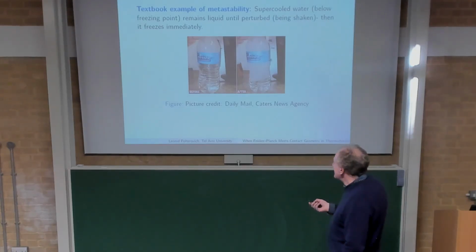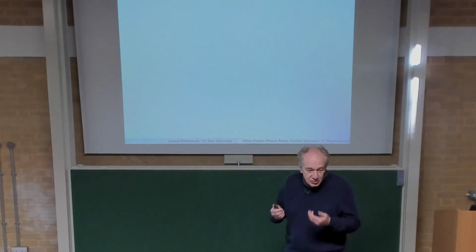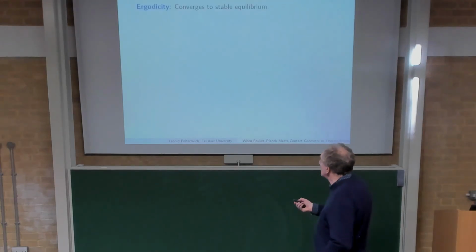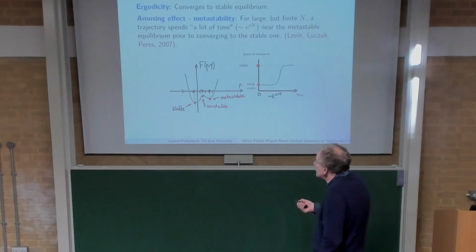Anyway, this is metastability, and then in '63, Glauber suggested a remarkable model. It's a rather simple-minded model, I would say, of how a thermodynamic system should return to equilibrium. It's a Markov chain, it converges to a stable equilibrium, it's ergodic, and indeed it exhibits this amazing phenomenon of metastability, which was understood much later.